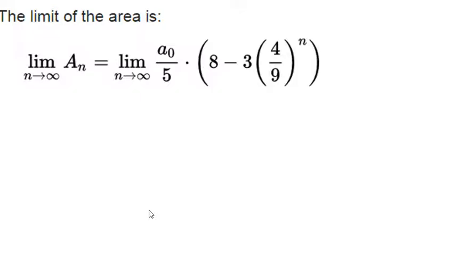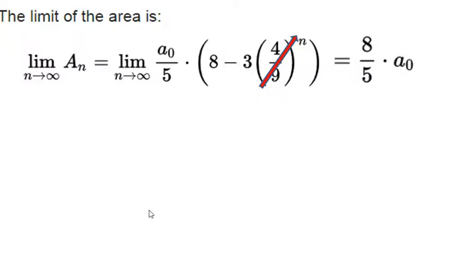If you took 1/2 and then squared it, or 1/2 to the third power, 1/2 to the fourth power, what's going to happen? 1/2, 1/4, 1/8, 1/16. It's closer and closer to 0. In fact, that's exactly what this thing does, it goes to 0. So if that goes to 0, then all that's left is the 8/5 times a sub 0 over 5. So wow, we've got a nice expression for that.